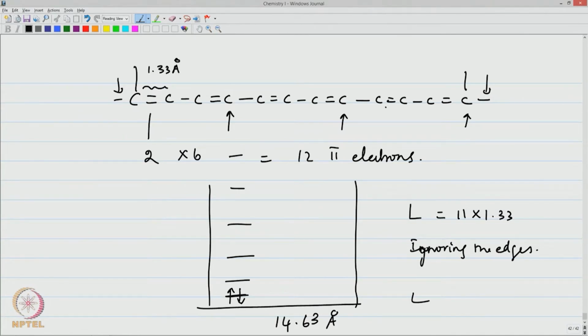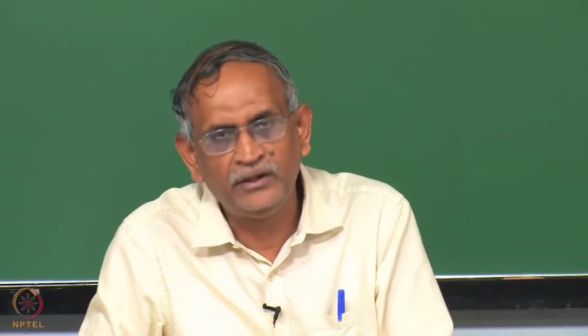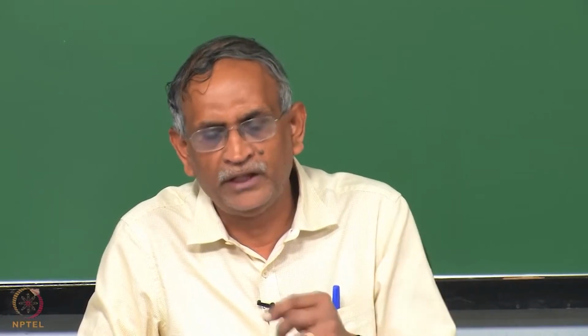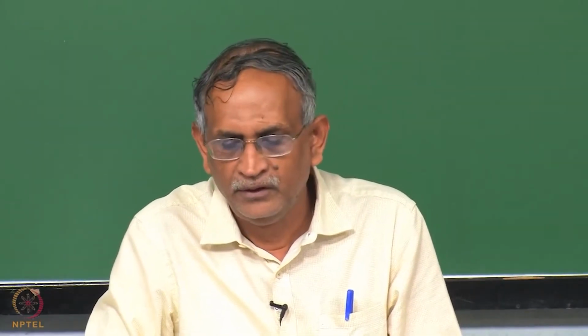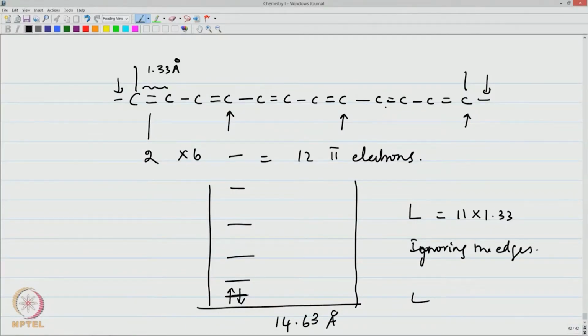It is a simple assumption of the Pauli exclusion principle that no 2 electrons can have the same quantum numbers. Here, of course, there is only one quantum number, namely the quantum number for the energy of the orbital. It is a one-dimensional system. In a 3-dimensional system, you will have 3 quantum numbers, and the 4th quantum number is the spin of the electron. So, here we have only one dimension. Therefore, at most you can put only 2 electrons.